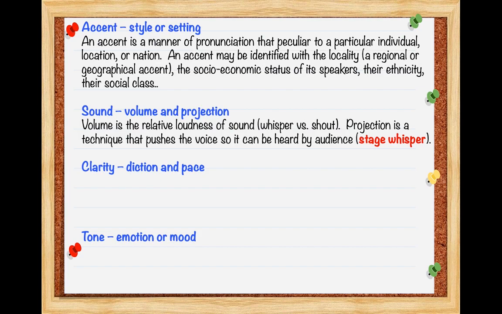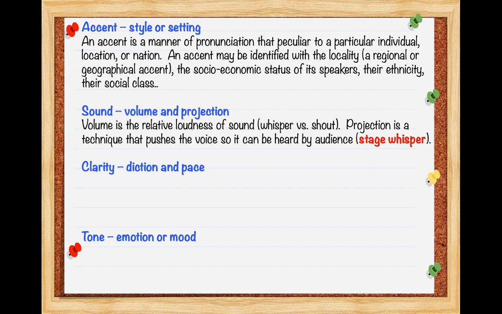Think about any time when you sat down and listened to a speech, or you were in church and somebody went up and read, and you could not hear anything they were saying, and it spoils the experience. What they needed to do was to project, so that everybody can hear them even through the mic.